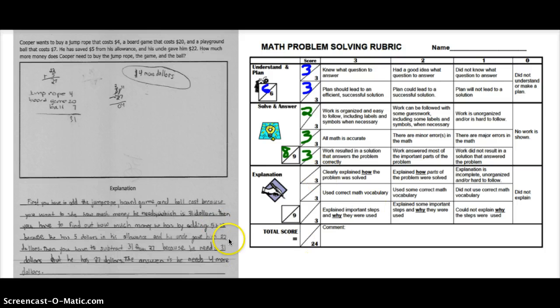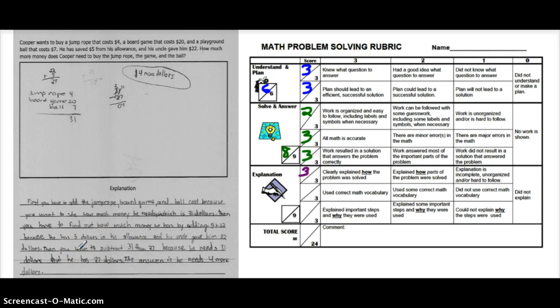So let's come over to our rubric. In the first one, clearly explained how the problem was solved. Clearly goes through the steps that they took, so that would be a 3. Used correct math vocabulary. This would be words that help us show what operation they're using, like adding, subtracting, and dollars.